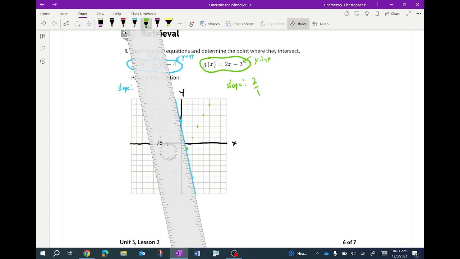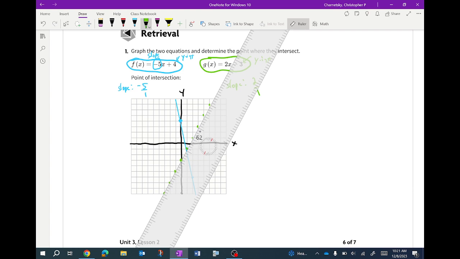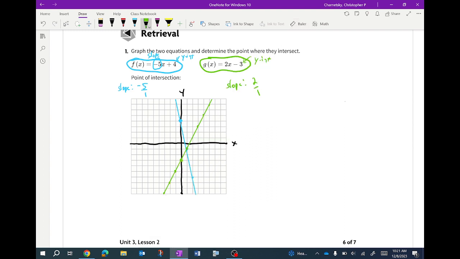And there is the graph of g of x. Okay, and we can see where they intersect. Right there, that is the point of intersection at (1, -1). Okay, where the two lines intersect.